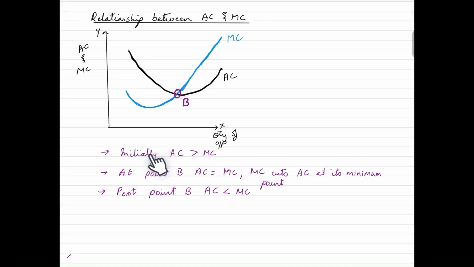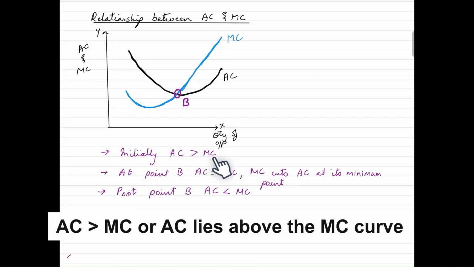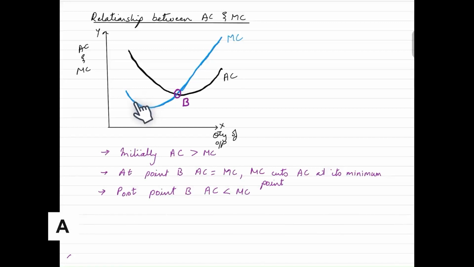Now initially, average cost is greater than marginal cost, or we can say that the marginal cost curve lies below the average cost curve. Why is this happening? Simply because the production of each additional unit of output is reducing the average cost of production, and we can see that in the initial phases the average cost is falling.